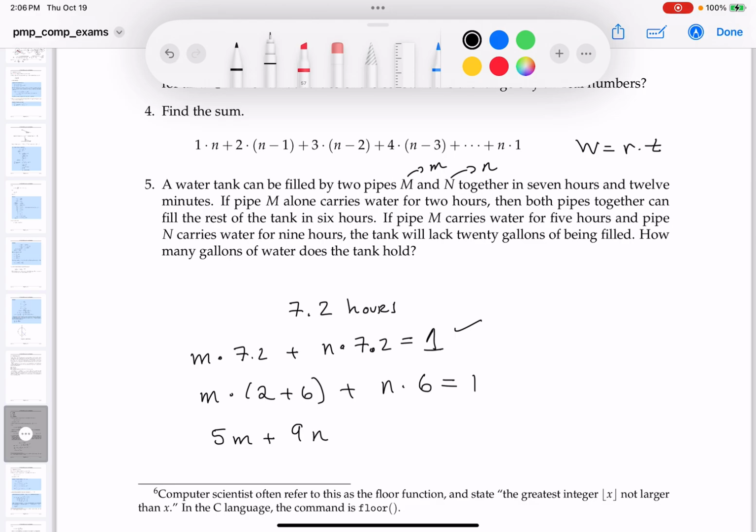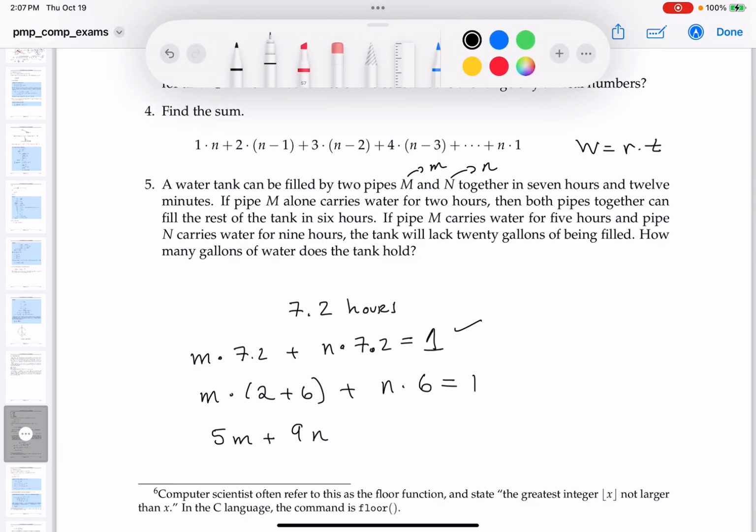If pipe M carries water for 5 hours and pipe N carries water for 9 hours, the tank will lack 20 gallons of it being filled. How many gallons of water does the tank hold? Boy, that's a tough one, isn't it?